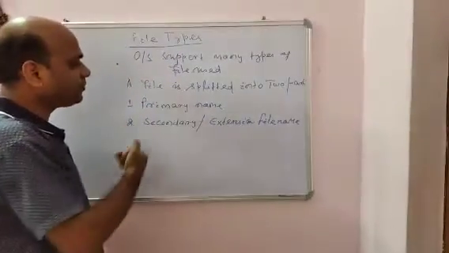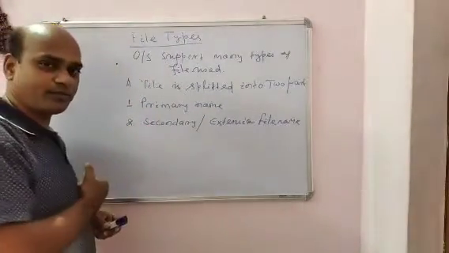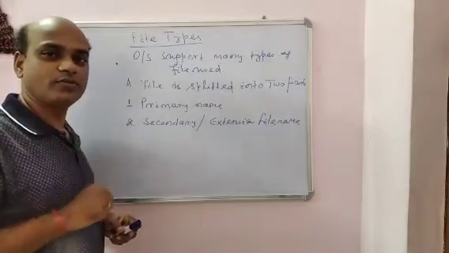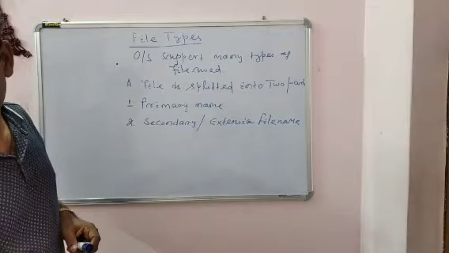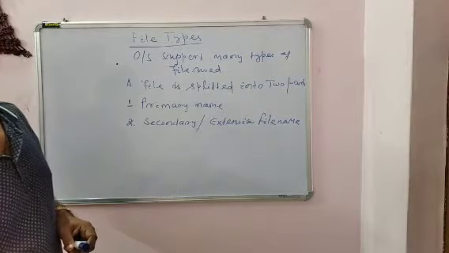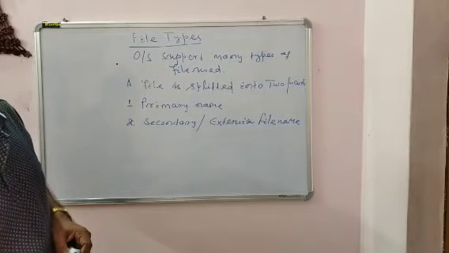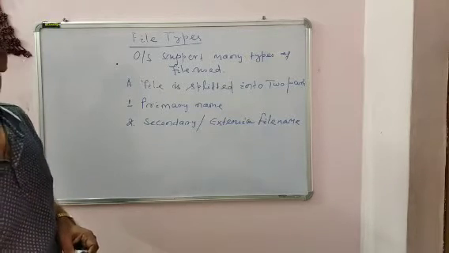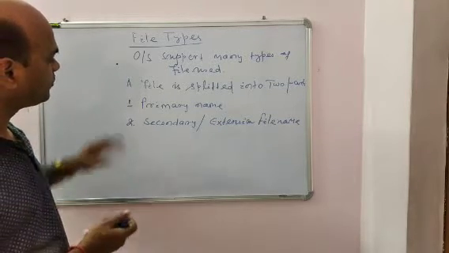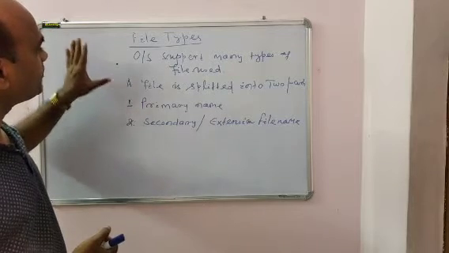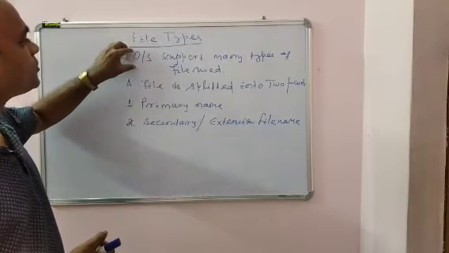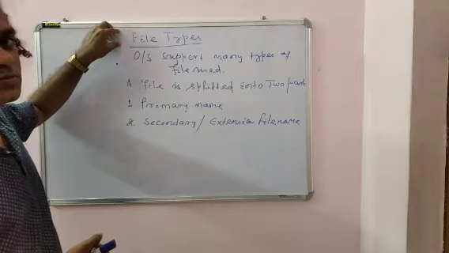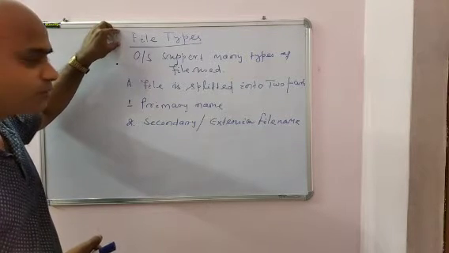The primary name and secondary name must be separated by a dot symbol. That is the extension name. There are many types of file extensions, and the operating system supports many files used to store information in computer memory.